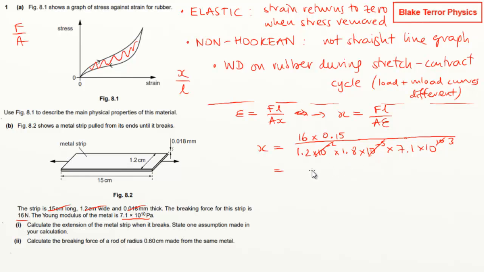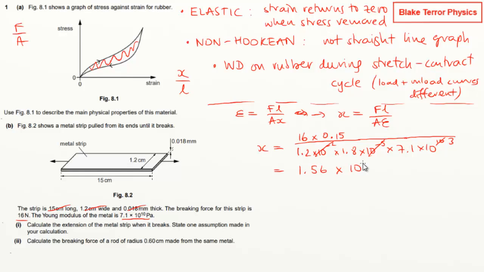Now we just type everything in: 1.6 times 1.5 on the top, then divide by 1.2, divide by 1.8, divide by 7.1, which gives us 0.156.